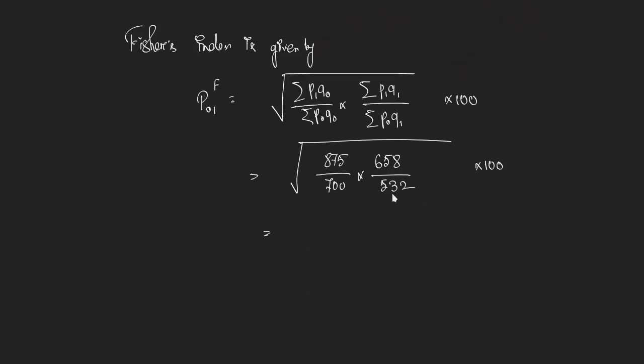So if we calculate the root over this term, we will get 1.2434 into 100, so this is 124.34, right? So this is your Fisher's index.